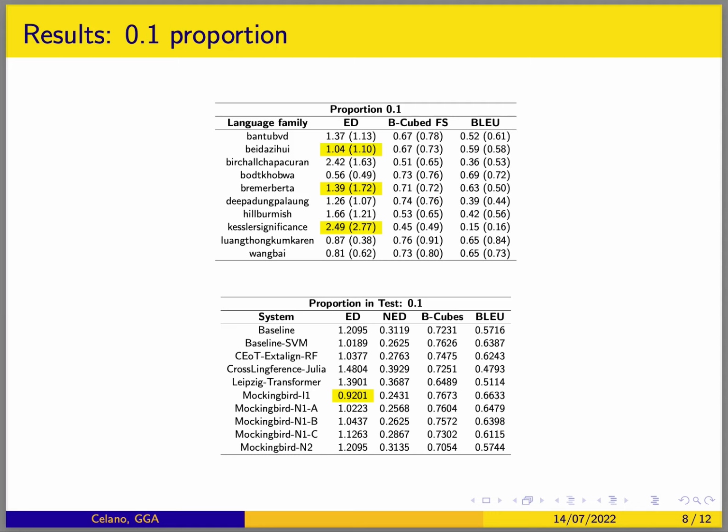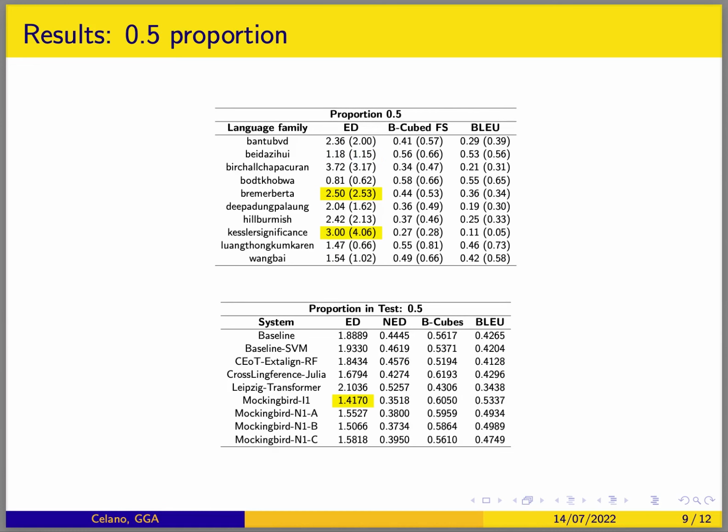The scores for the transformer are similar to the baseline ones written within parentheses in the first table. The performance of the transformer is not among the best ones if we compare it with that of the other systems, as the second table shows.